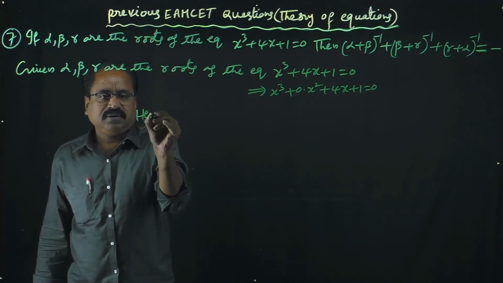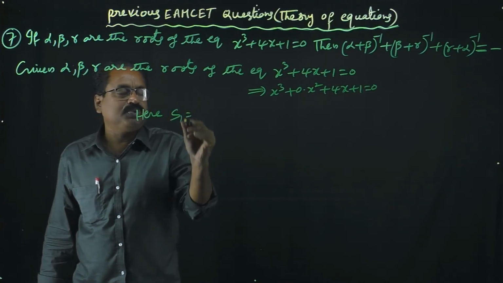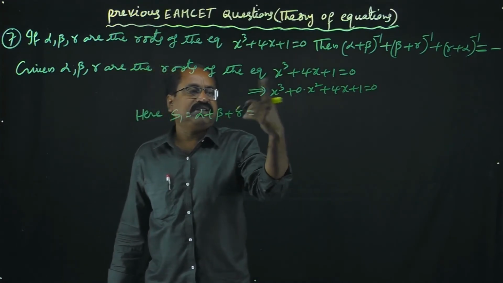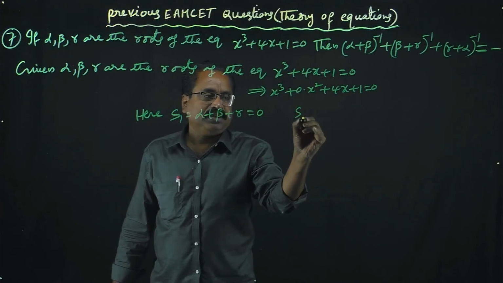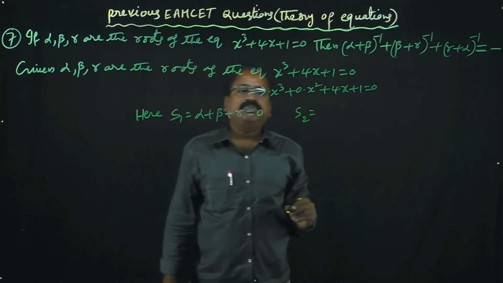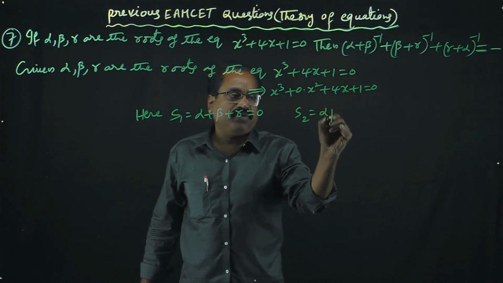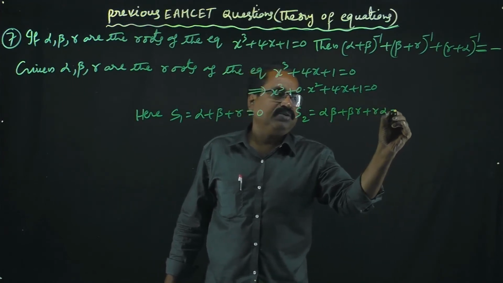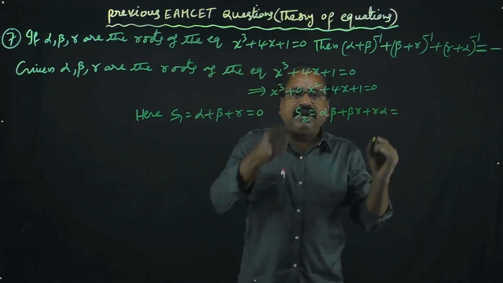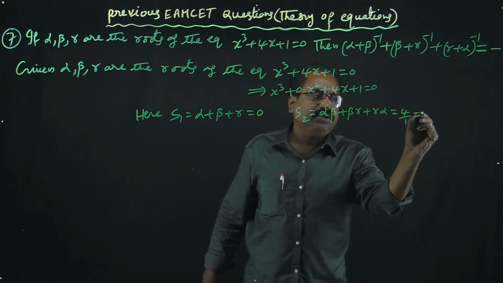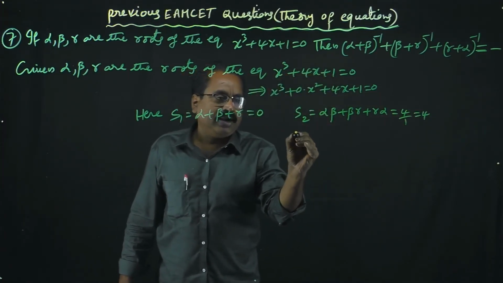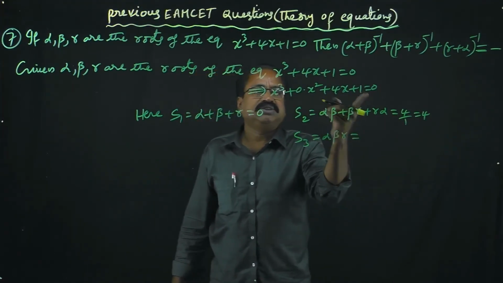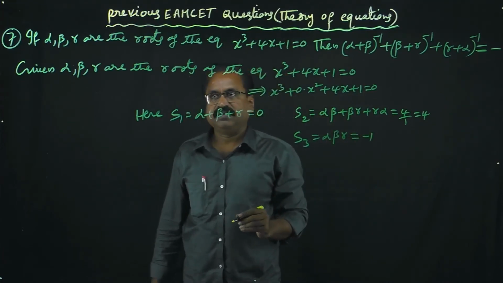Here S1, the sum of the roots, alpha plus beta plus gamma, is minus a1 by a0, that is 0. S2, the sum of the product of the roots taken 2 at a time, alpha beta plus beta gamma plus gamma alpha, is a2 by a0, that is 4 by 1, equal to 4. And S3, the product of the roots alpha beta gamma, is minus a3 by a0, that is minus 1.